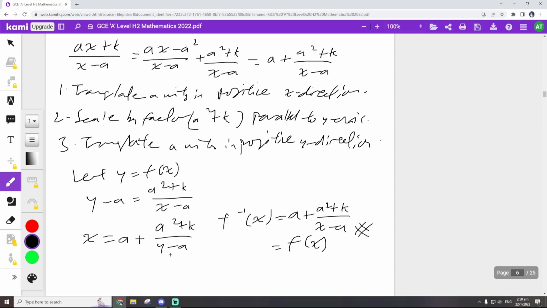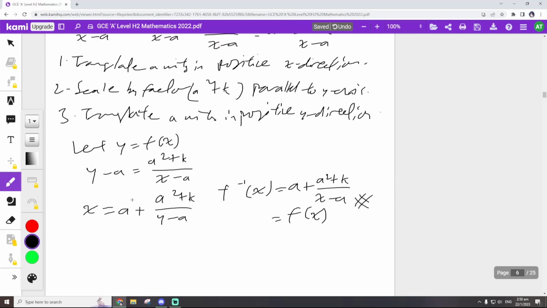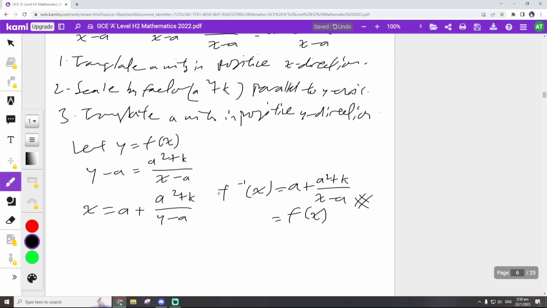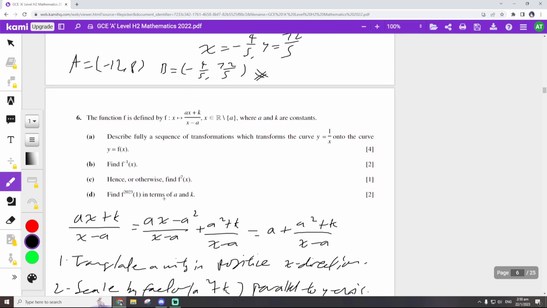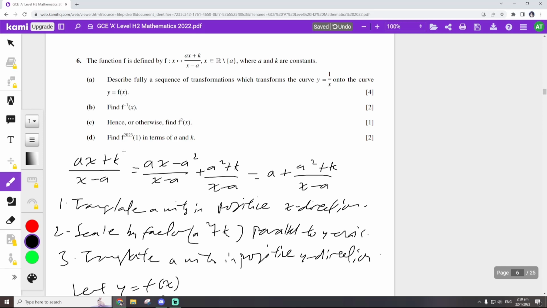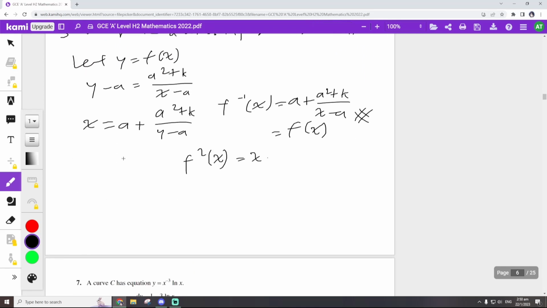Okay, so it's called a self-inverse function actually, there's a name for this. Find f squared of x. Well, f squared of x is just x. Okay, and there's no need to state the domains for these functions because the question didn't say so. Find f 2023 of 1 in terms of a and k.